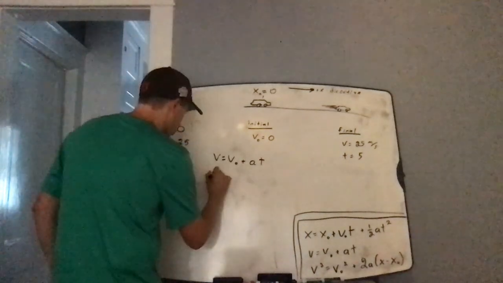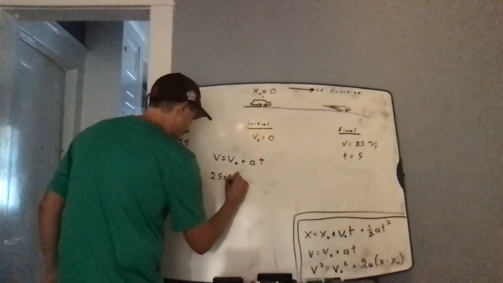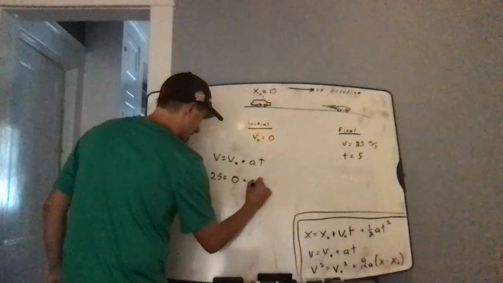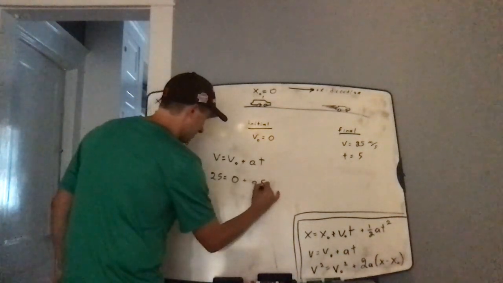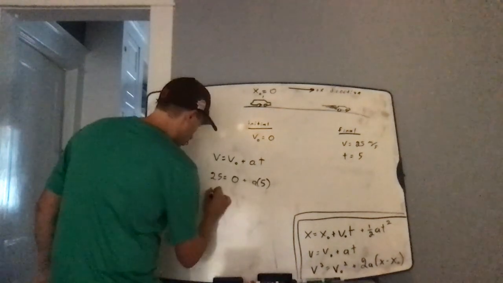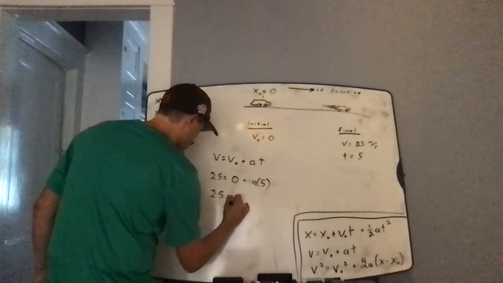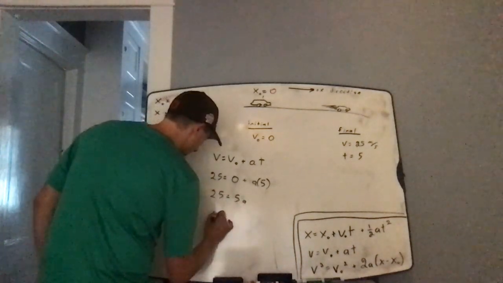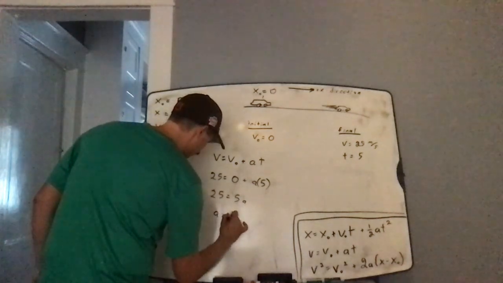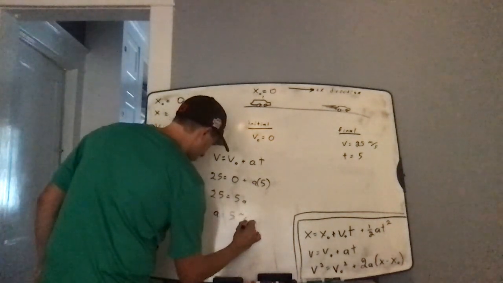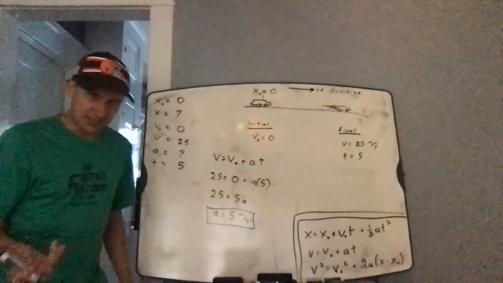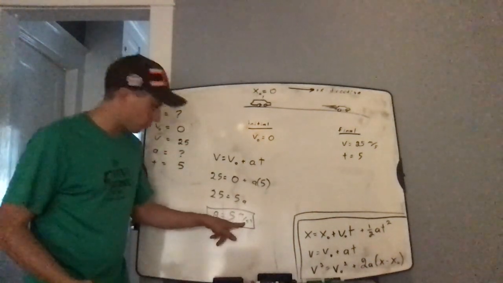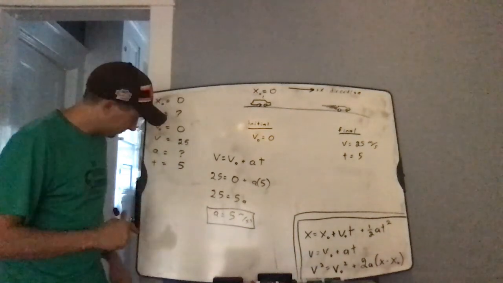V final 25, V initial 0, A is an unknown, T is 5 seconds. So 25 is equal to 5 times A. A is equal to 5 meters per second squared. Acceleration is measured in meters per second squared.